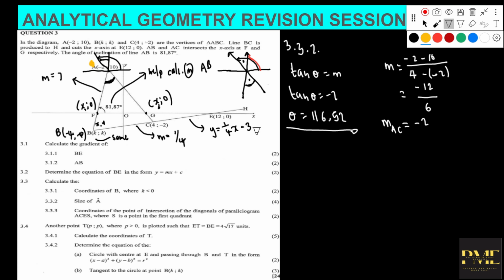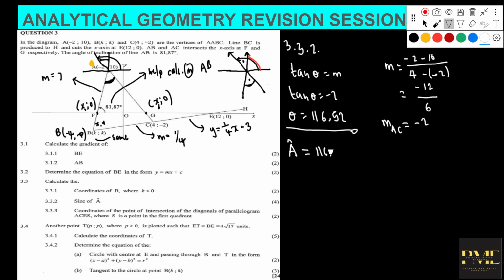But sometimes most calculators would actually give us this exact figure. So now we have the angle made by this line here, and the value of the other one is 81.87. So for angle A, it is the difference of these two angles.